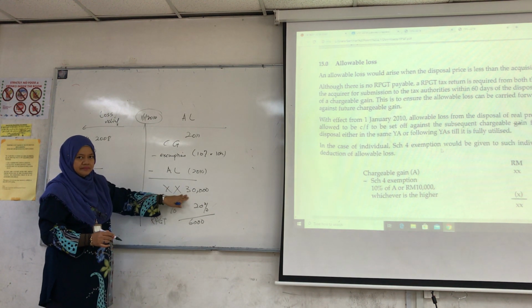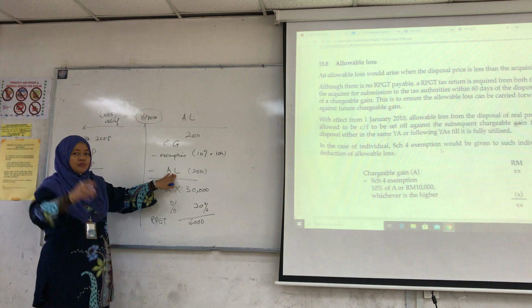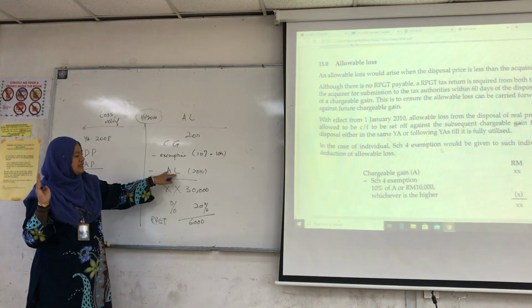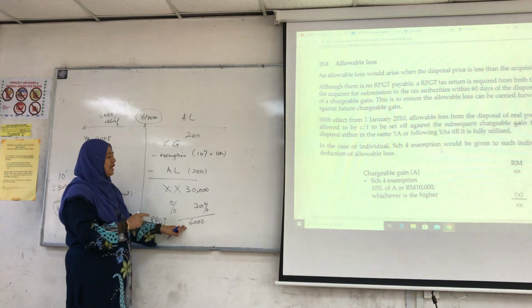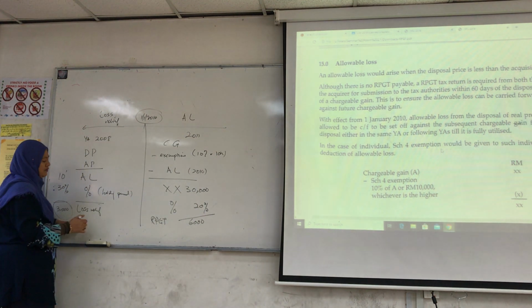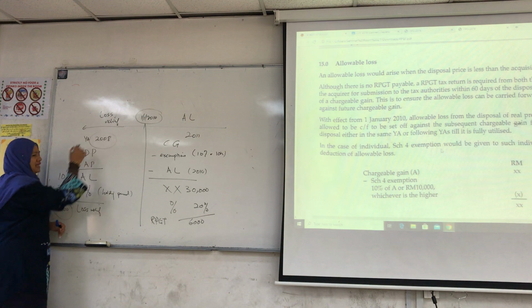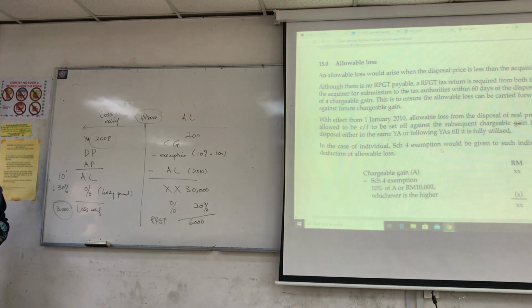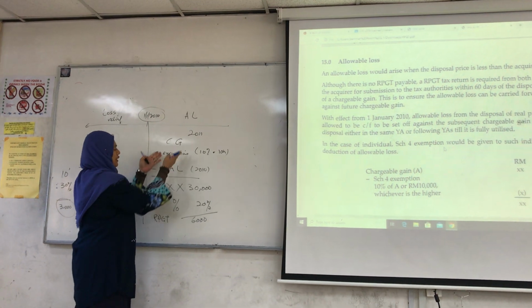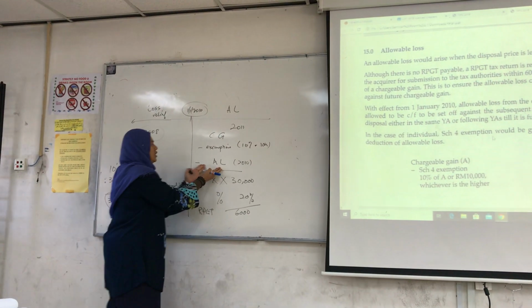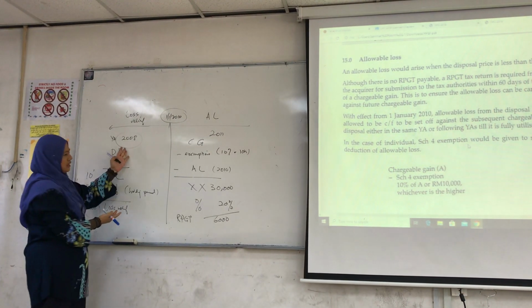you have 30,000. Allowable loss here from 2010, so in this case you have to pay 6,000. At the same time, you still have a loss relief from the disposal in 2008. You get that? So in the disposal in 2011, you have allowable loss from 2010. You also have a loss relief from 2008.